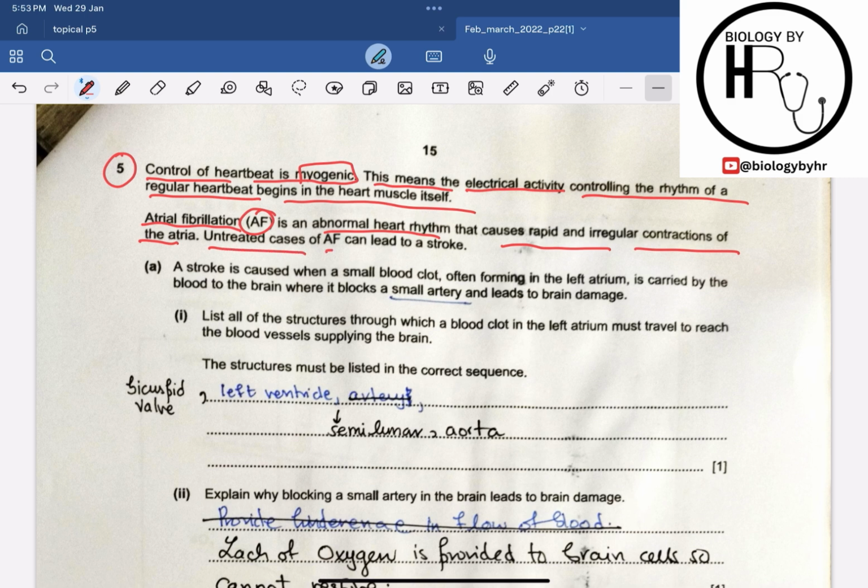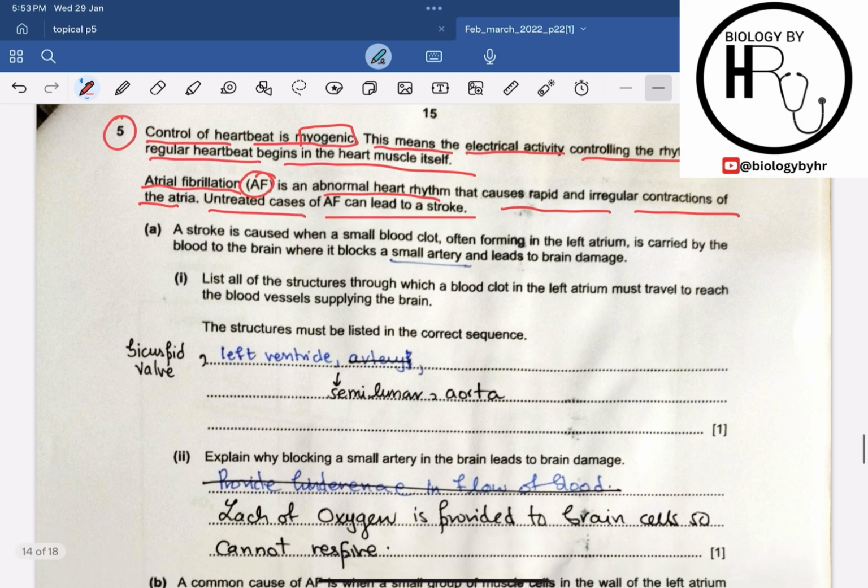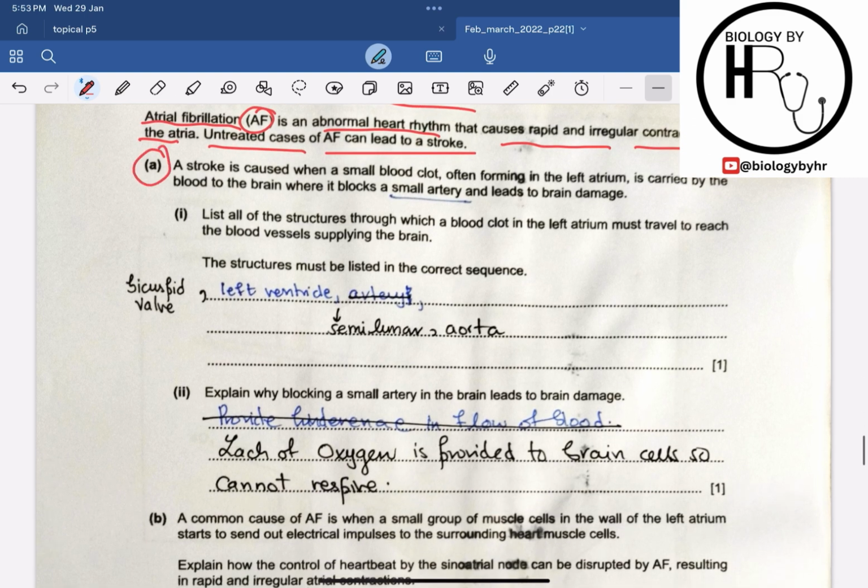Untreated cases of AF can lead to stroke. Now in part A they are saying that a stroke is caused when a small blood clot, often forming in the left atrium, is carried by the blood to the brain, where it blocks a small artery and leads to brain damage, right?